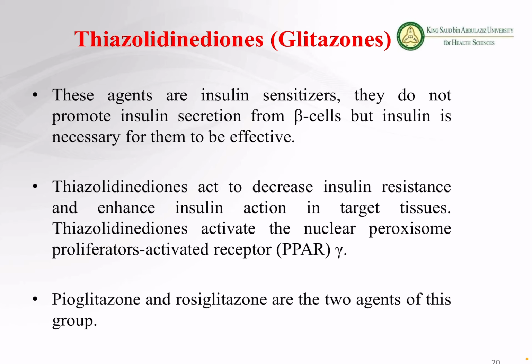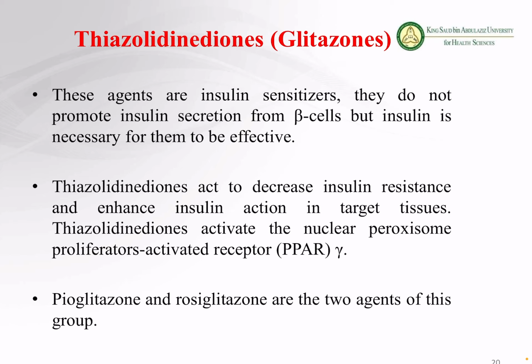Thiazolidinedione activates the receptor which is called peroxisome proliferator activated receptor gamma. We have one diagram in the other lecture, so I will explain the role of this receptor in that lecture. So this is the mechanism of the thiazolidinedione. We have two drugs in that, pioglitazone and rosiglitazone.